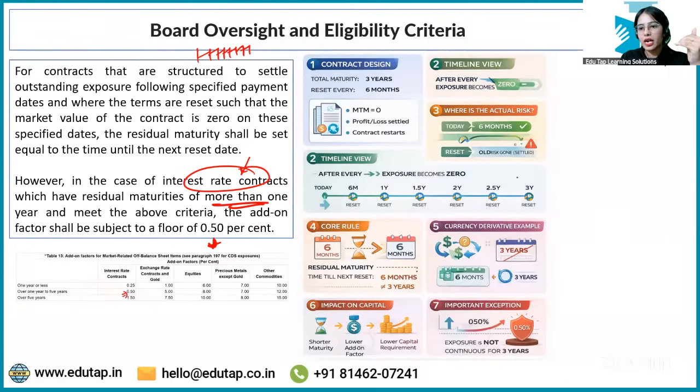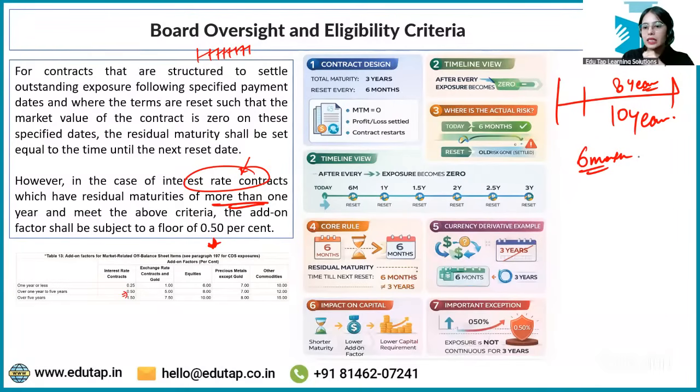Let's say the contract is for 10 years and the settlement will happen after every 6 months. 2 years have already passed, 8 years are left. In this case, the settlement is happening after every 6 months, so 0.25% should be the add-on factor.